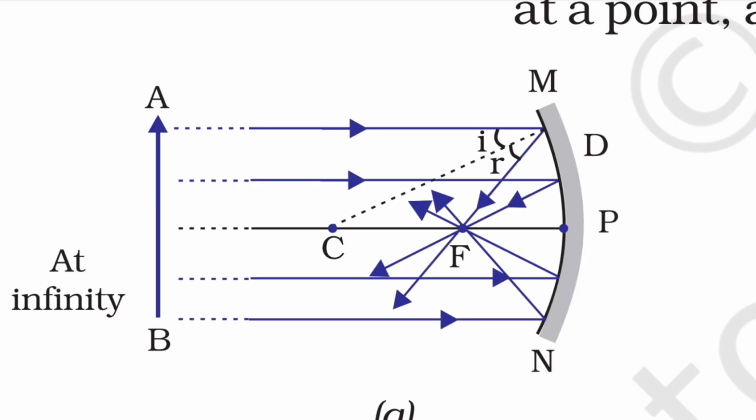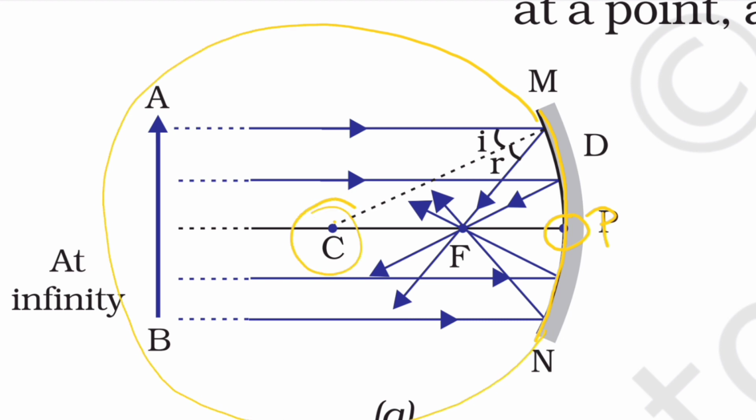This is the concave mirror. Students, you can observe here. I will show it very neatly. This is the mirror, and this point is called P, the pole. Here is the center of curvature. From here all the circles you can draw like this.